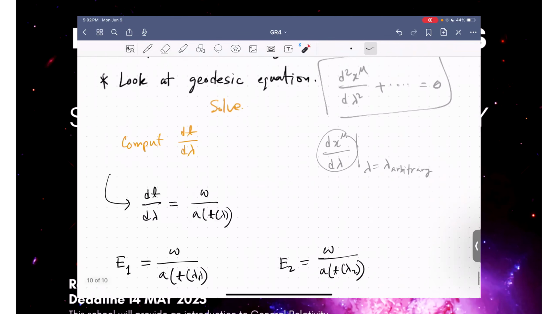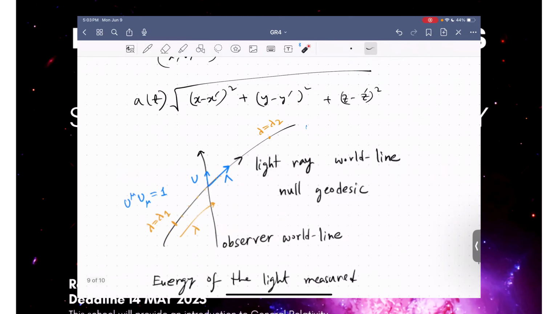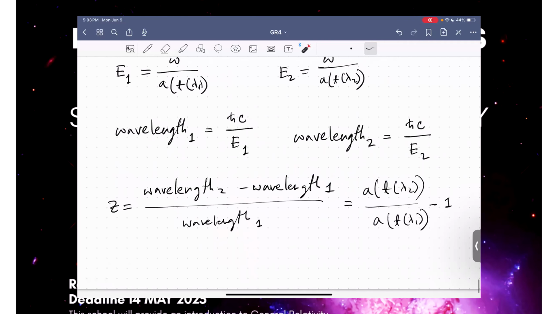So in a universe where this scale multiplying your spatial dimensions increases with respect to time, then a light source emitted at a time and observed at a future time will be redshifted. Okay, so in an expanding universe, the later you observe a light source, the redder that light will look.